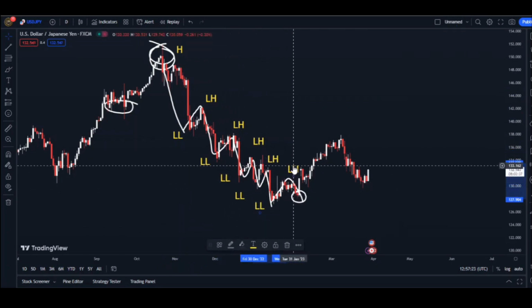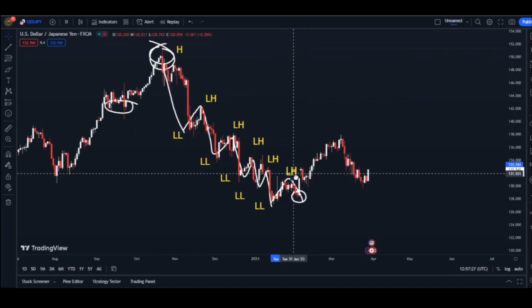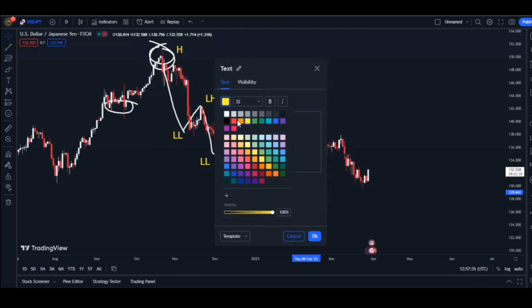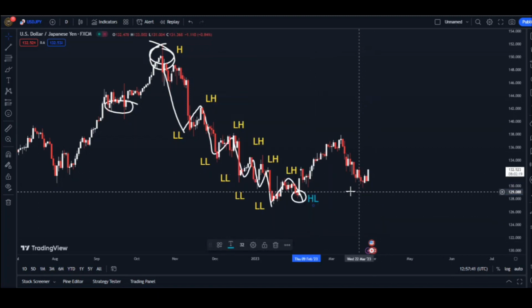Okay. So as you can see, we have a newly formed higher low, right? Let's just change this color to, let's say, blue, right? And then what?